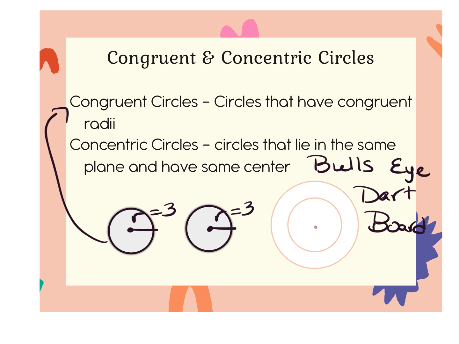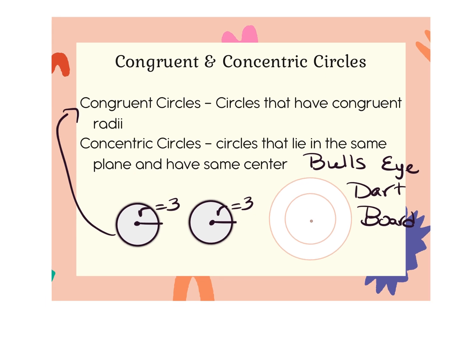Now, they don't necessarily have to be two separate circles. The circles could overlap. So anytime you're just given that the circles have the same radius length, then you're going to know that they're going to be congruent circles.